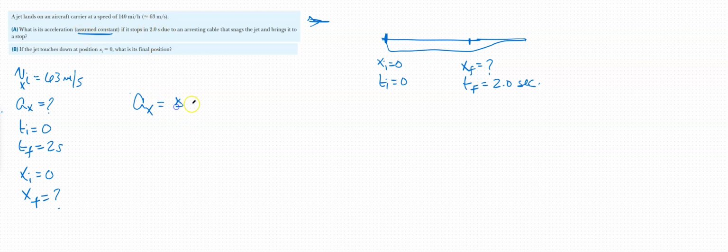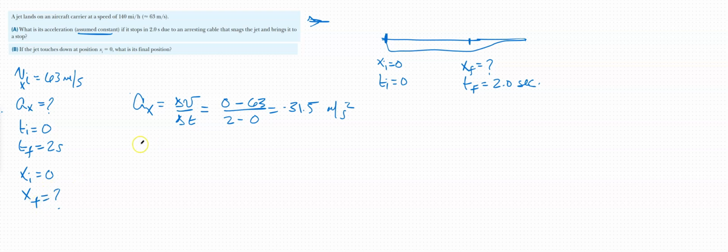Then I can simply write change in velocity over change in time, which is final velocity 0, initial velocity 63, final time 2, initial time 0, sorry. So this gives you negative 31.5 meters per second squared.